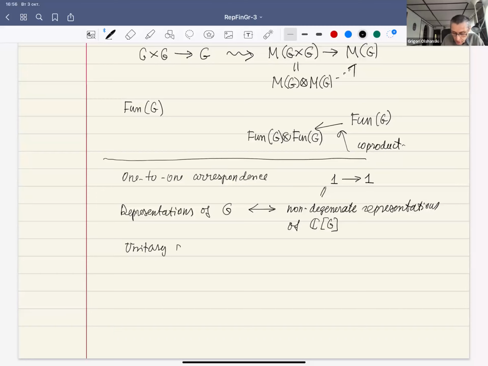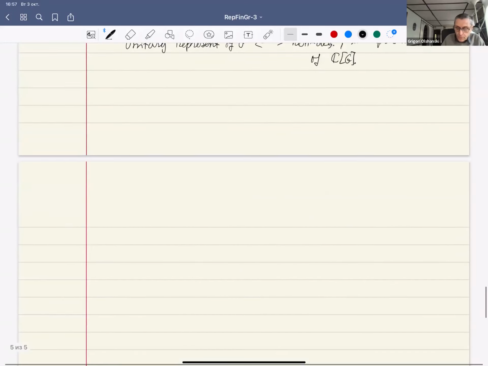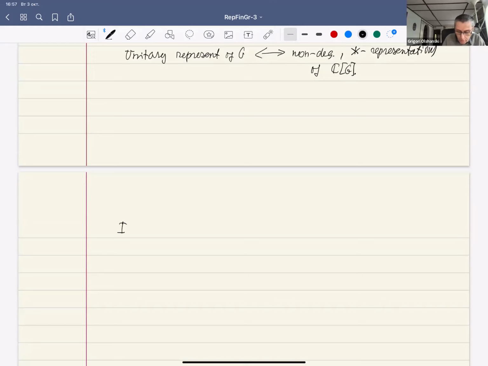So unitary representations of G are essentially the same as non-degenerate star representations of the group algebra. What does star representation mean? This means that we have an involution in the algebra.